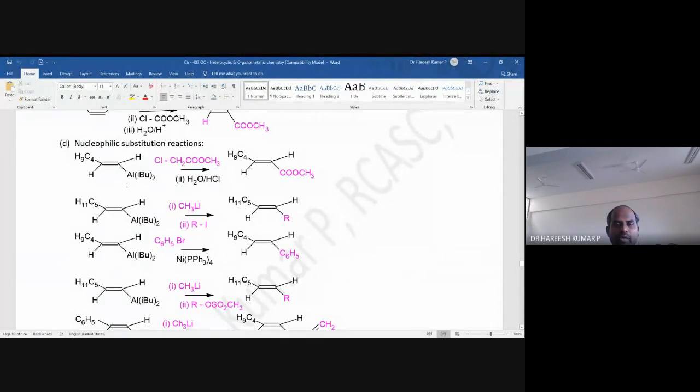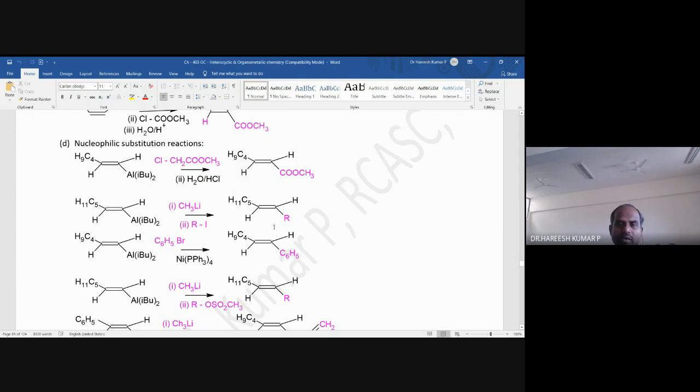And this particular one, when it is treated with methyl lithium, this alane is converted into alanate, and now this one is ready for the nucleophilic substitution. So there will be a new bond formation between this carbon and this electrophile, meaning alkyl halide.